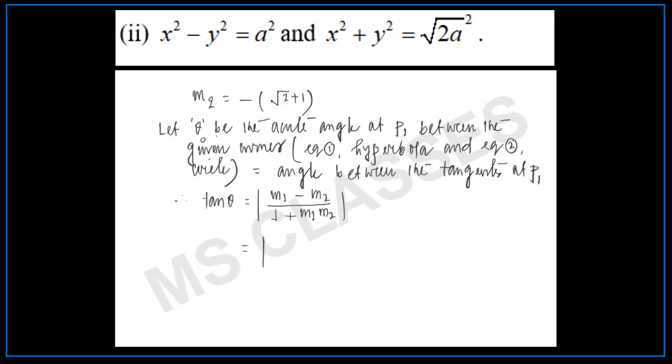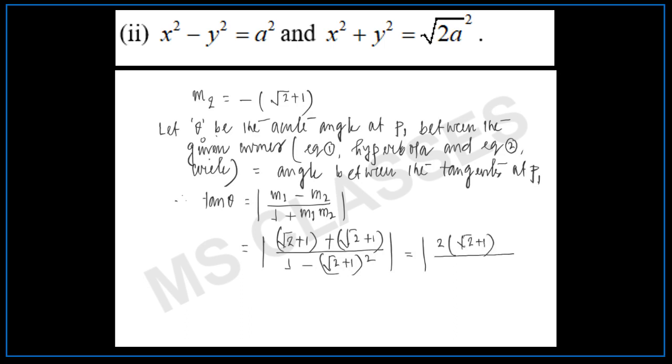We substitute here the result, that is root 2 plus 1 plus root 2 plus 1 whole, divided by 1 minus root 2 plus 1 whole square. Now this gives us 2 times root 2 plus 1 divided by, if we open the bracket, 2 plus 1, minus 2, minus 2.